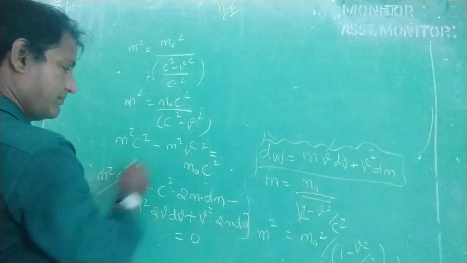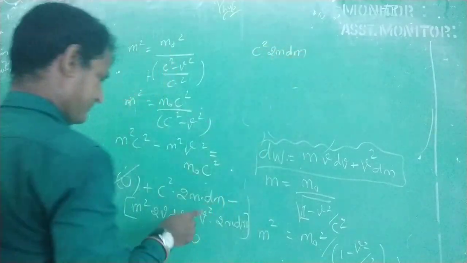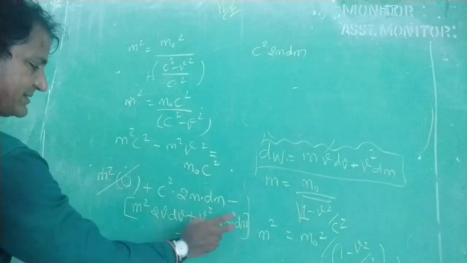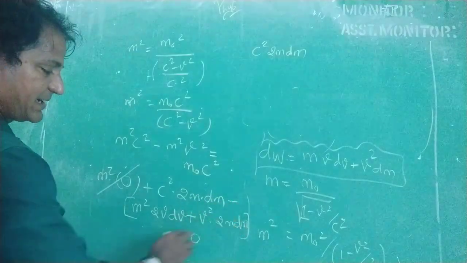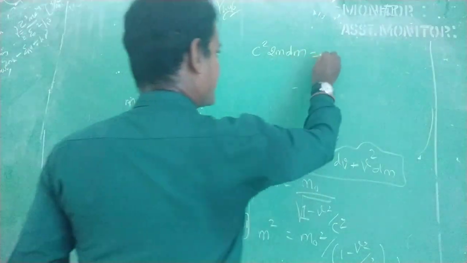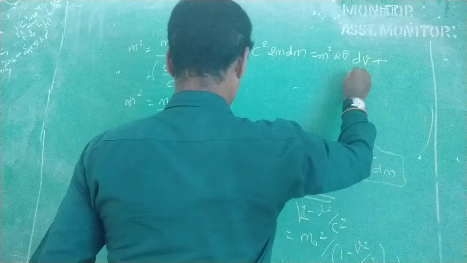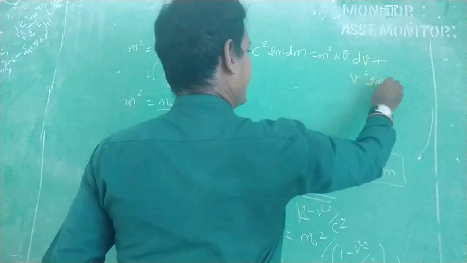Now c squared 2m dm, so the minus which is given in the square bracket is taken to the right hand side. So m squared 2v dv plus v squared 2m dm.